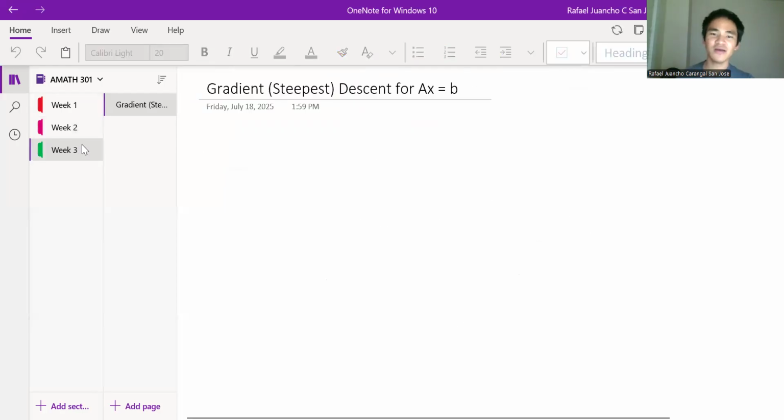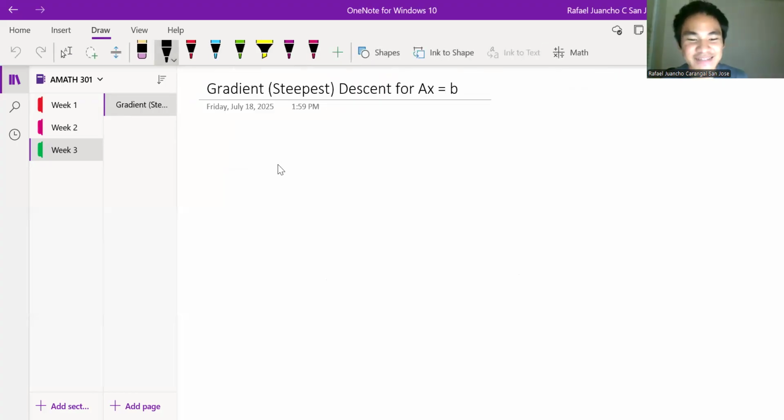And then from there, there's actually another way to compute Ax equals b, and here's what we're going to be talking about in this video. So that was a long disclaimer, which is gradient descent. To start off, the Jacobi and Gauss-Seidel iteration schemes are actually only two potential iteration schemes that can be developed for solving Ax equals b.